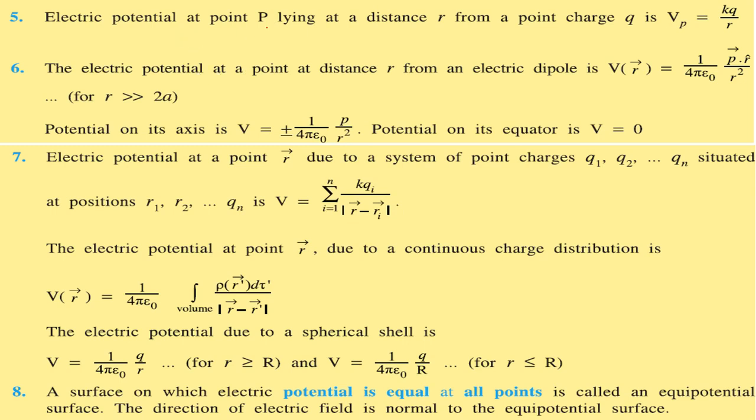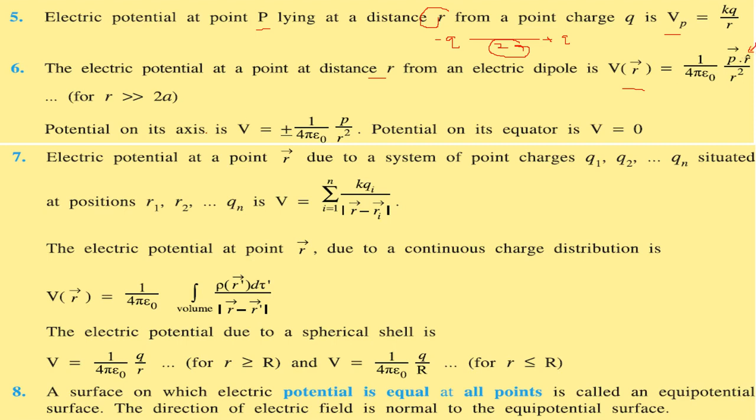Electric potential at point P lying at some distance r from a given point charge q is Vp equal to kq by r. Now consider the electric potential at a point at a distance r from an electric dipole. An electric dipole is equal and opposite charges separated by some distance, 2a. When r is much bigger than 2a, the electric potential is given by 1 by 4 pi epsilon naught, P dot r hat, where r hat is the unit vector, over r square.